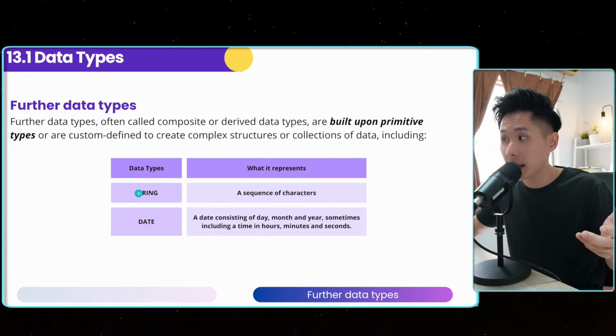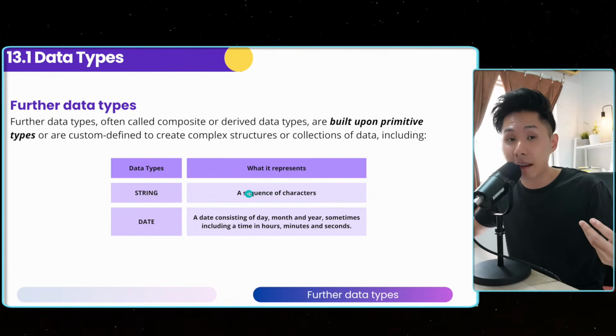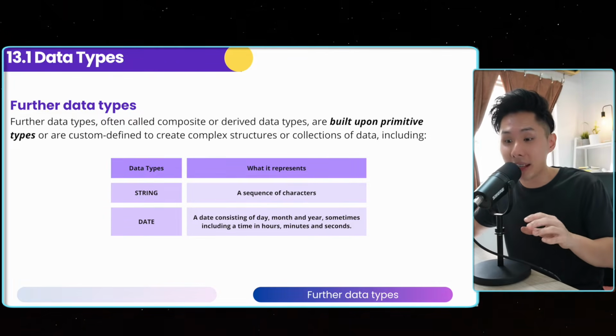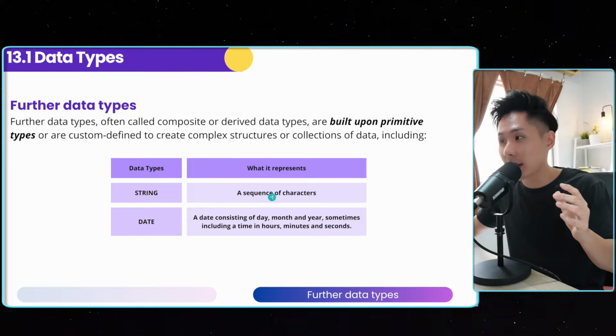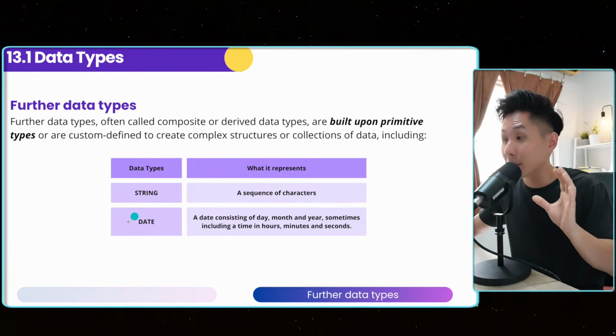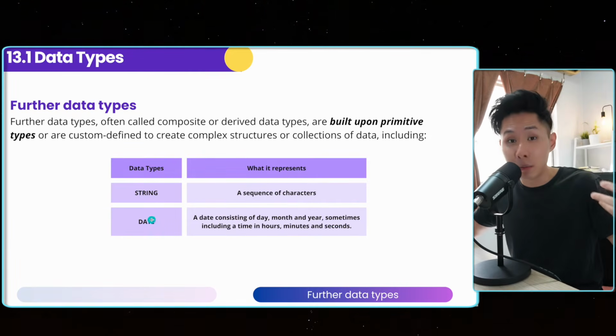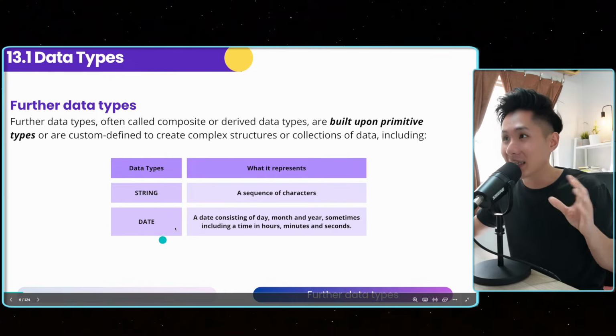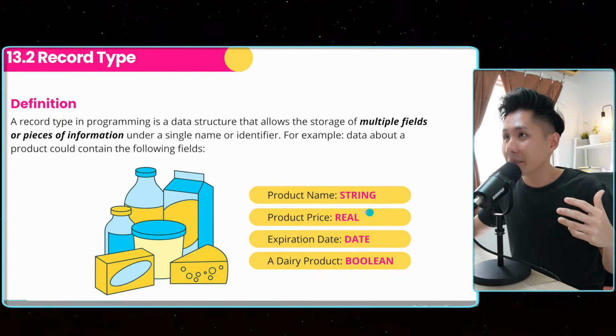For example, string, which basically means a sequence of characters. Underlying, it is still character data type, but when you combine multiple characters, it becomes string. Same goes for date, as number plus string if you put the dash. So that's further data type.